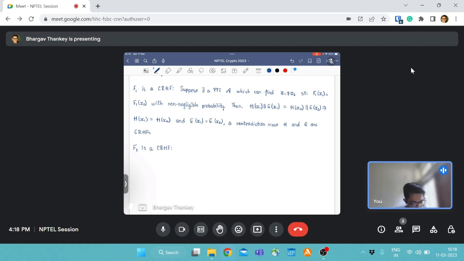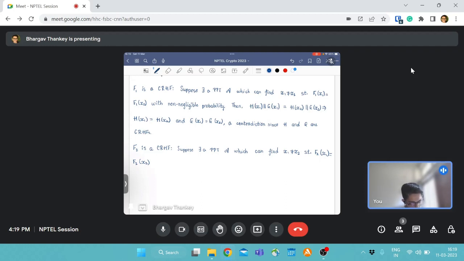It's pretty much the same as option A. Suppose there is an adversary which can find x1 not equal to x2 such that f2 of x1 is equal to f2 of x2.